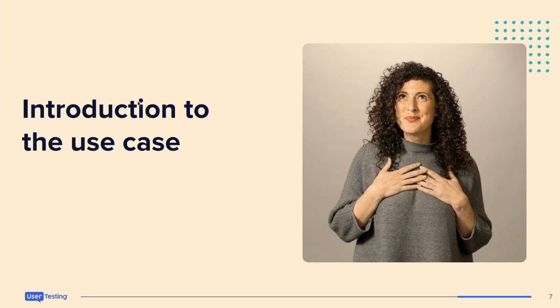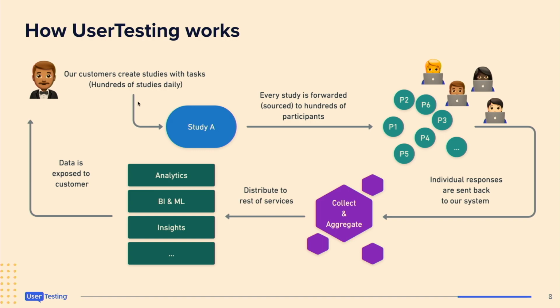So once we have seen what user testing is, a really quick introduction, let's try to explain a bit better the use case of the company. First of all, what our SaaS software does. It starts with the customer creating a study, which is then distributed to the participants.